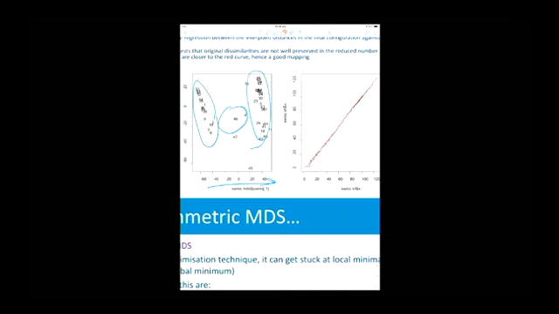So the MDS can be used for dimensional reduction, and through this particular exercise you will be able to figure out what are the major axes, or how many dimensions basically. In PCA the eigenvalues give you the value, but here you have to go through this particular process to do it. All right?